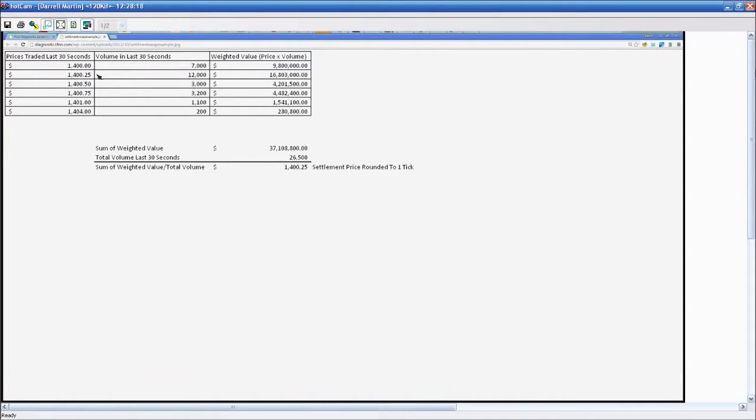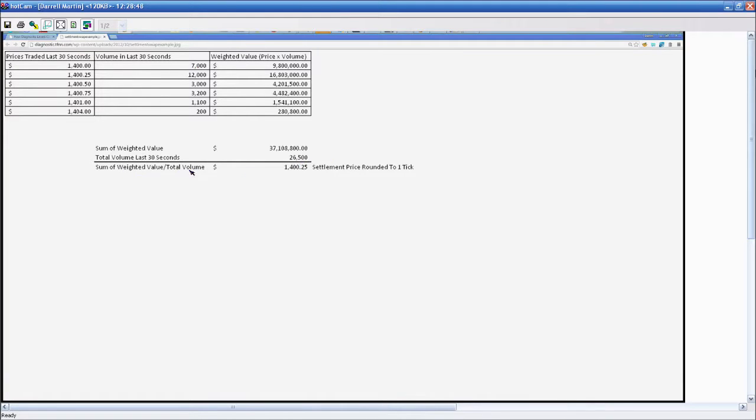So it's traded at 1400.25, 12,000 contracts equals, whatever, a big number. Anyway, and then they add up that weighted value, the price times the volume, and they get a sum of the weighted value. So just add those numbers together, all the prices traded by all the volume for every price, what's that sum total? And they divide it by the total volume in the last 30 seconds.